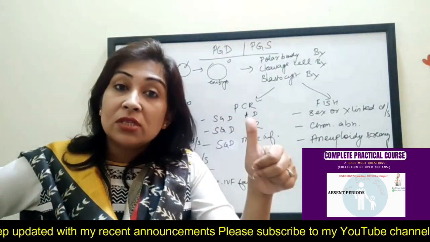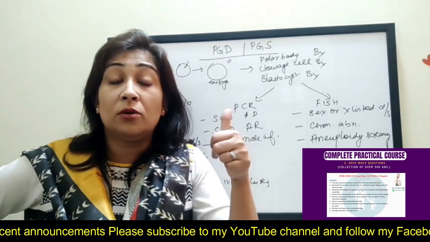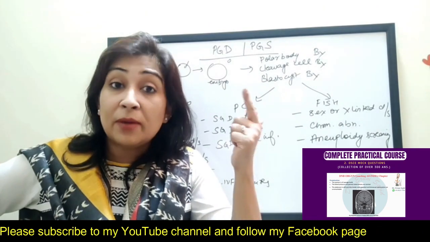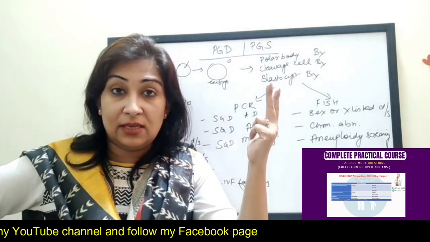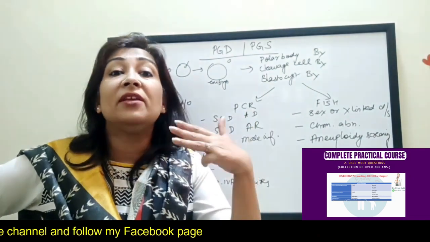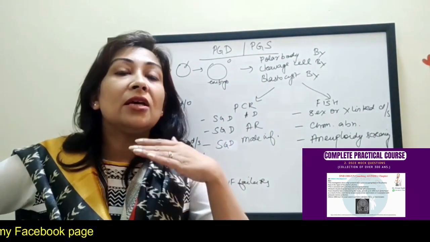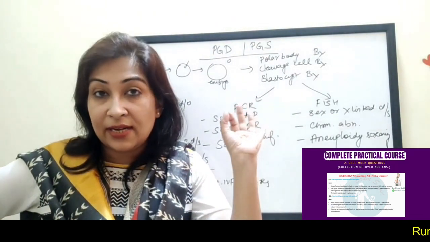That means those patients who've got a history of two or more children with congenital abnormalities. Maybe consanguineous couples where one of them is a carrier of some autosomal recessive disease or an X-linked disease. Maybe they've had repeated abortions, recurrent pregnancy losses. These are all indications of pre-implantation genetic testing.